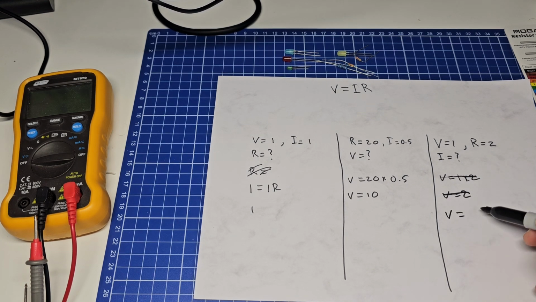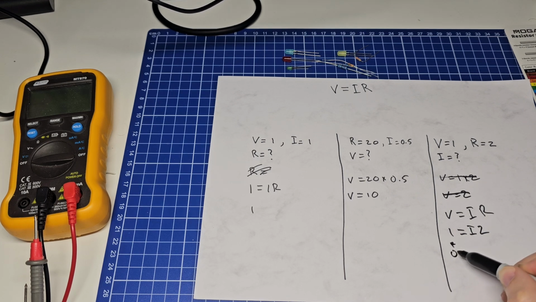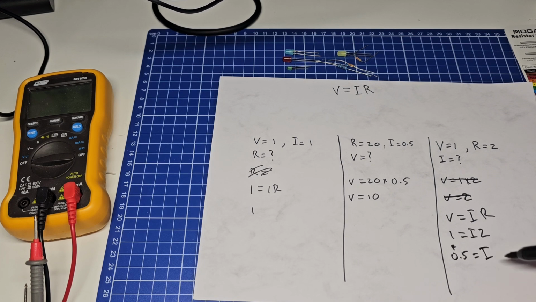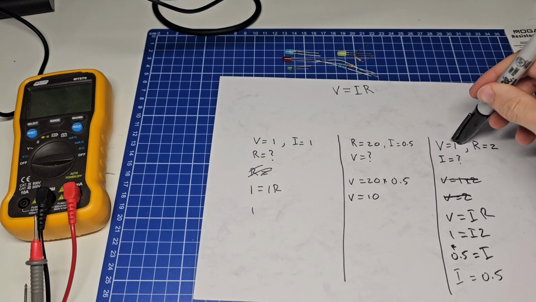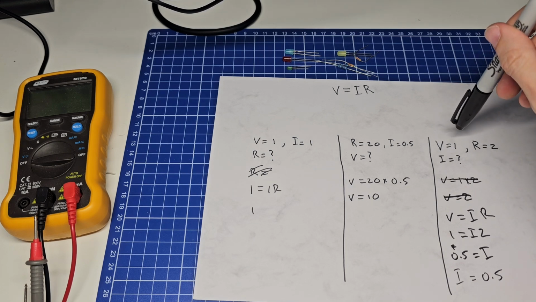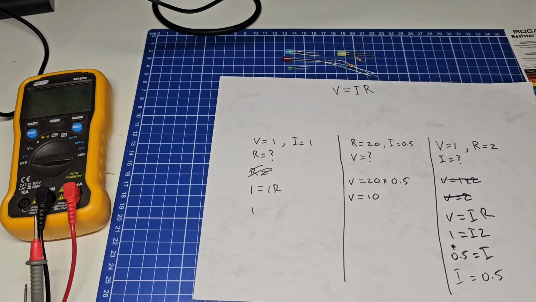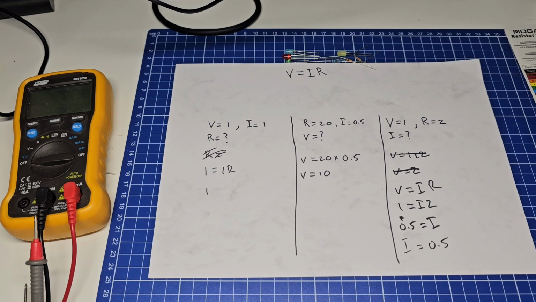So V equals IR, so it is 1 is equal to I2, so this will be 0.5 is equal to I, so I is equal to 0.5, so half an ampere, if we have 1 volt divided by 2 ohms of resistance. Okay, that's fairly basic.